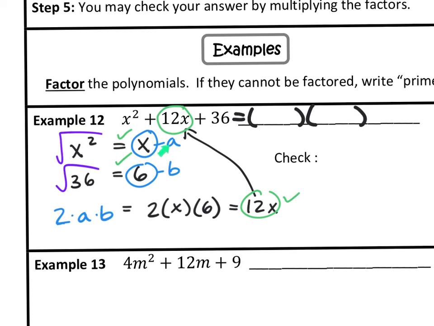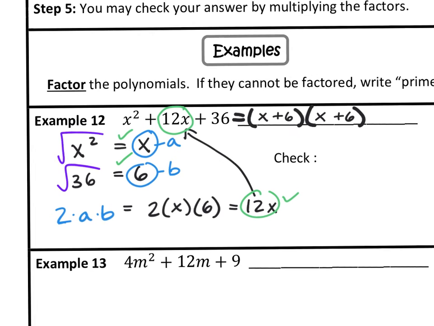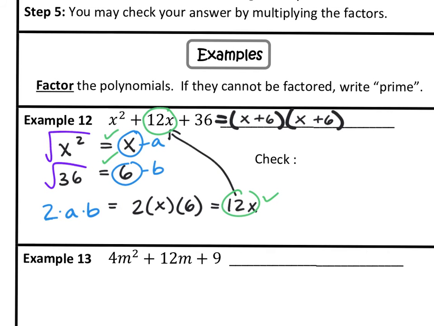But we already found A and B, didn't we? So it's going to be x plus 6, x plus 6. But isn't something times itself squared?